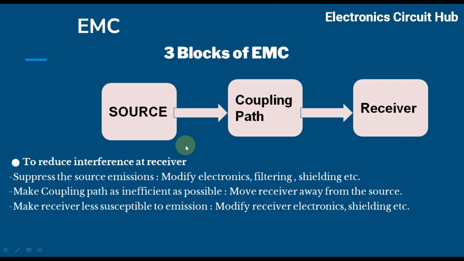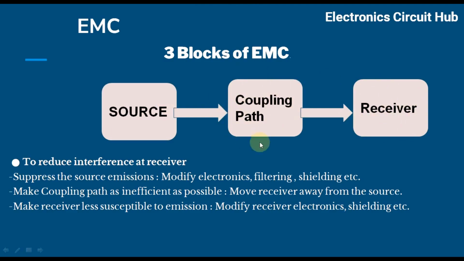So basically there are three blocks in EMC. As I already explained: source, coupling path and receiver. We have already understood how your noise is coupled from your source to your receiver.